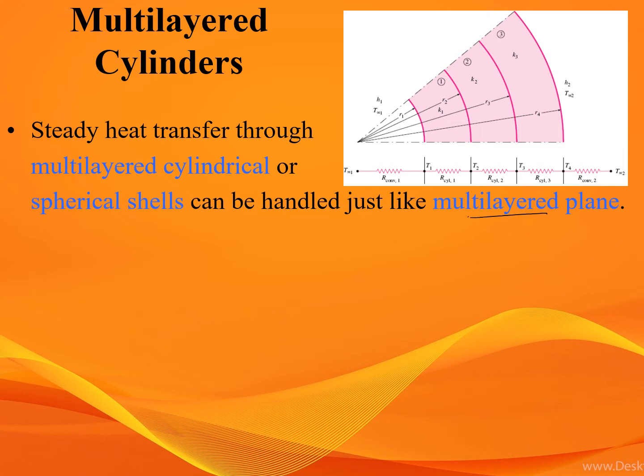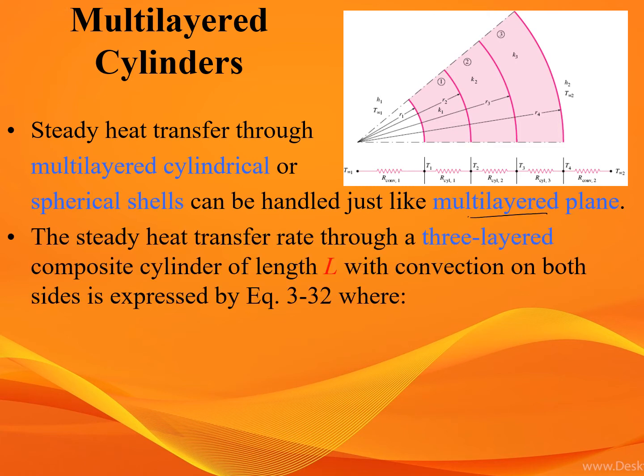We can consider that method to calculate the heat transfer inside these multi-layered cylinders. But be aware that to calculate the thermal resistance for conduction, we can use the formula that we derived just now.